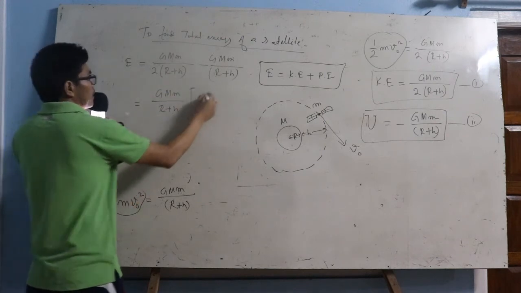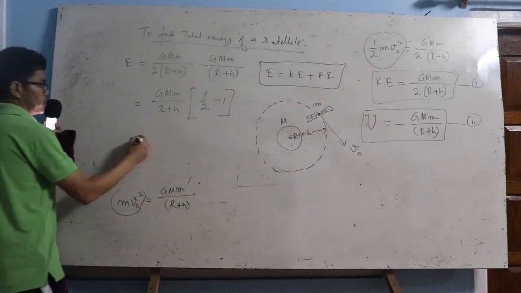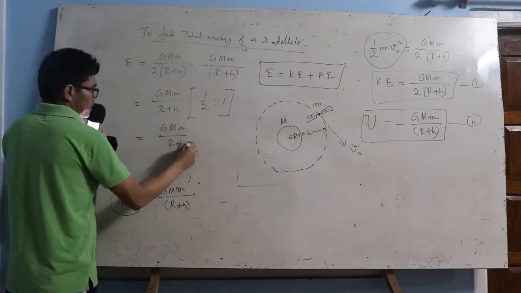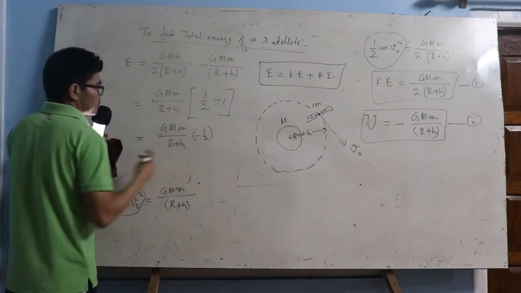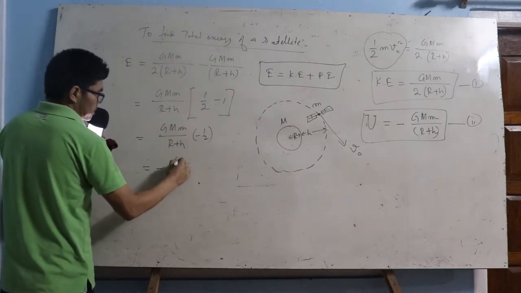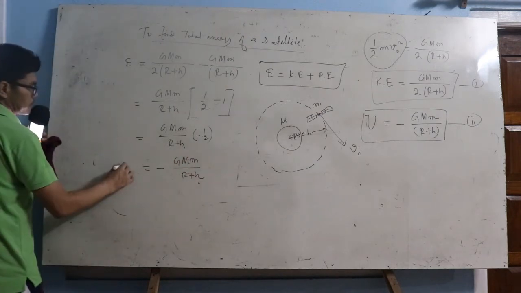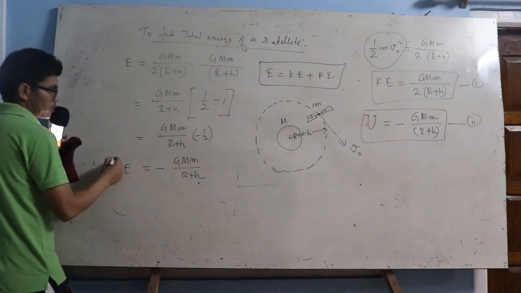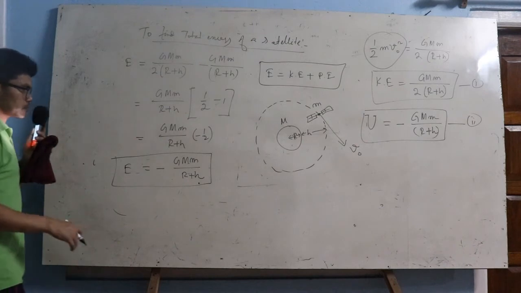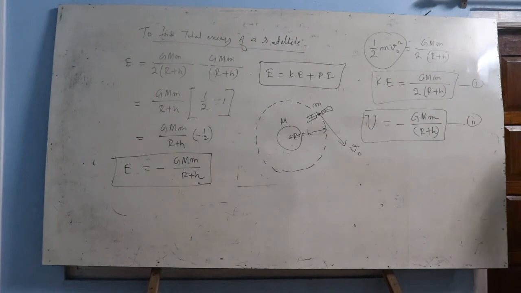If you take it common, you have 1 by 2 minus 1 left. This is equal to minus 1 by 2. So now you have minus gmm by 2 times of r plus h here. So this is going to be the total energy of the satellite.